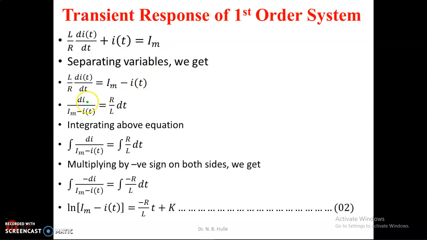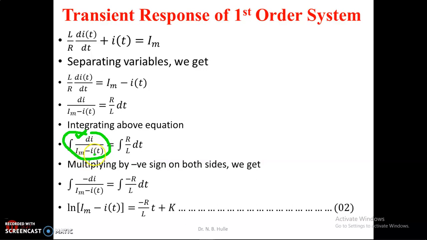If we are integrating this equation on both sides, integration on the left hand side and integration on the right hand side, we will multiply by the negative sign on both sides, because for this part of the integration, if the differentiation of the denominator is available in the numerator, then log of the denominator will be the integration of this particular term.